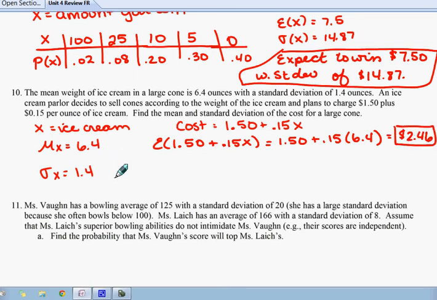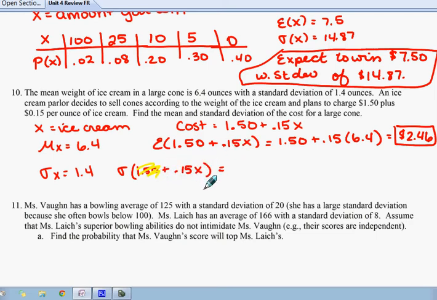For the standard deviation, still doing it off of the same equation, but we've got to think about what actually affects the standard deviation. A constant addition does not affect the standard deviation. A multiplier does. Now the nice thing about this is even though I have a multiplier, I'm not combining multiple things.